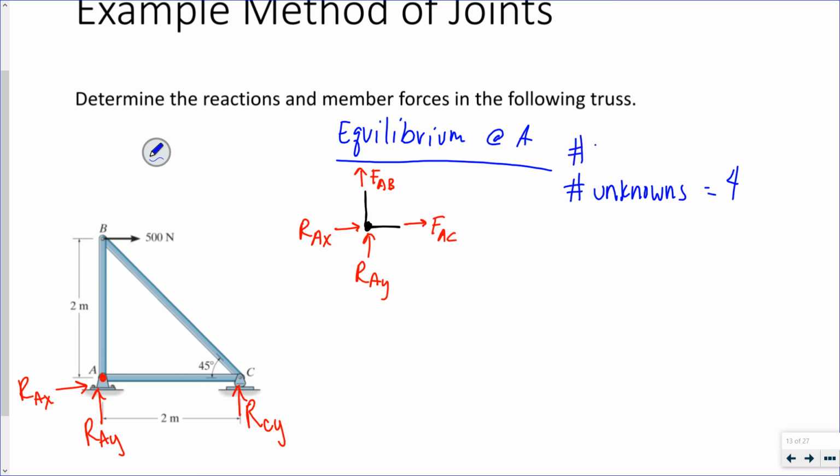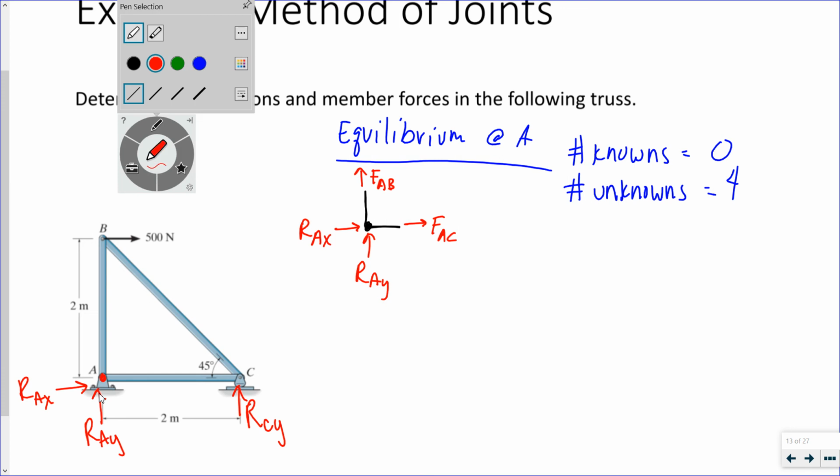How many knowns do I have? None. Unknowns, 4. I need to have at least one known, and I need to have at most 2 unknowns, so this ain't gonna work, right? So I can't solve yet.